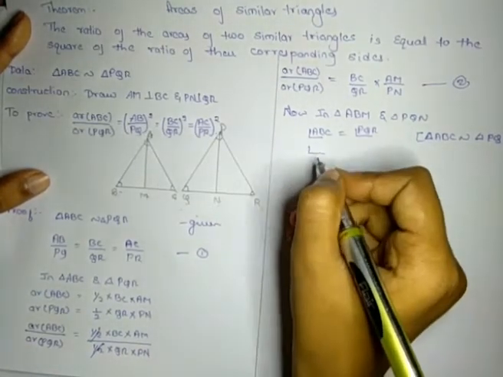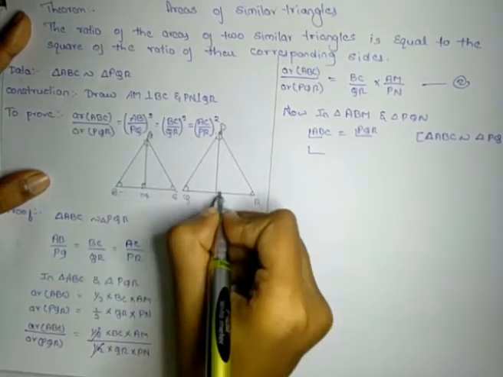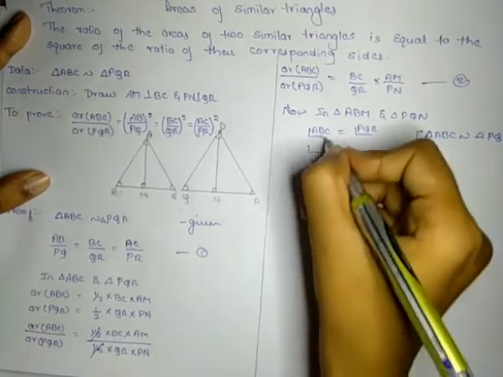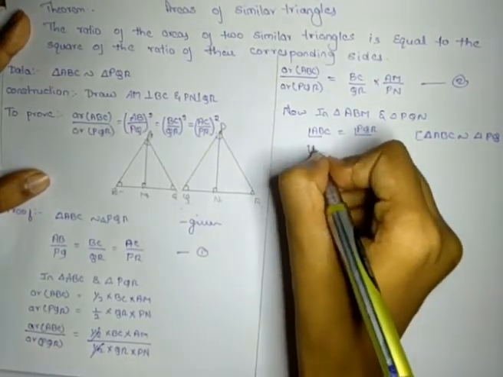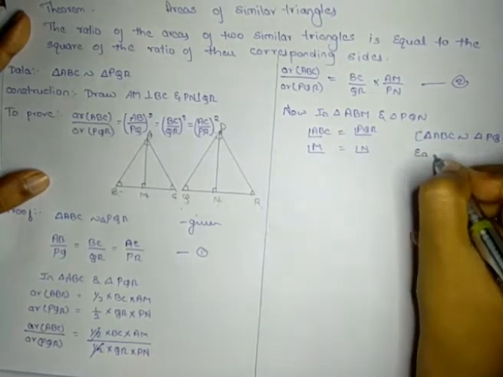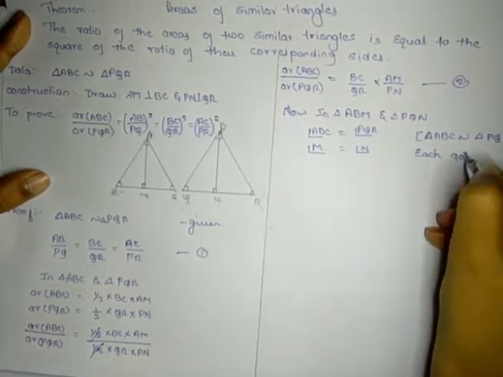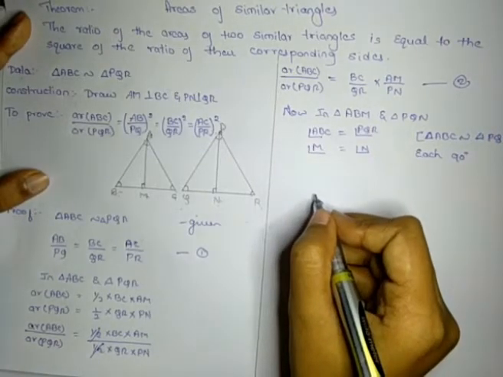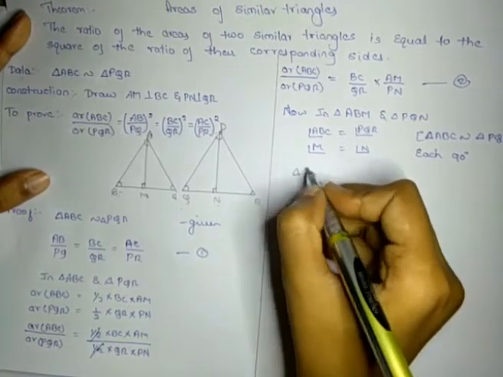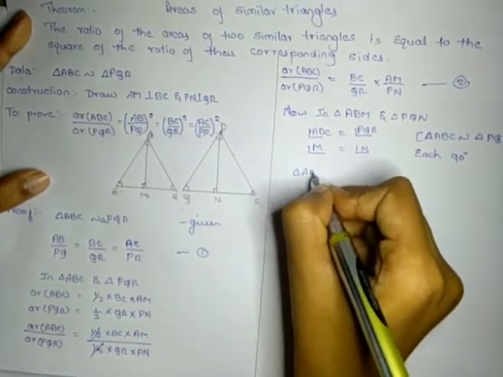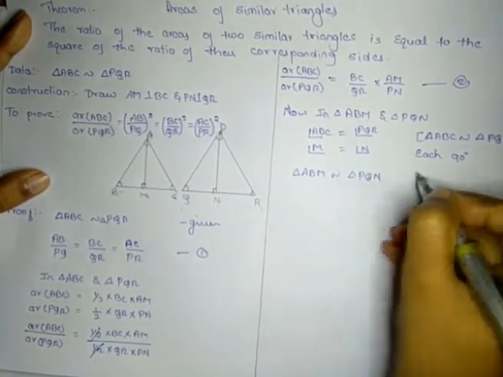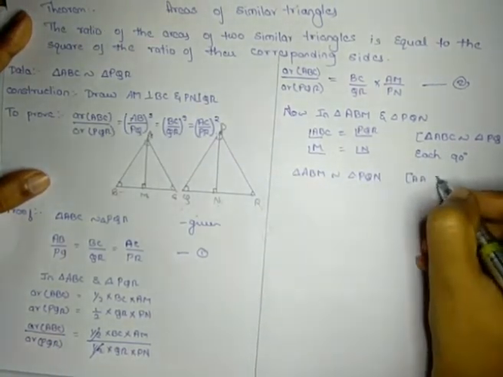And again we got one more pair of angles, angle M is equal to angle N, each 90 degrees. Then by these two pairs of angles we can say that triangle ABM is similar to triangle PQN by angle similarity.